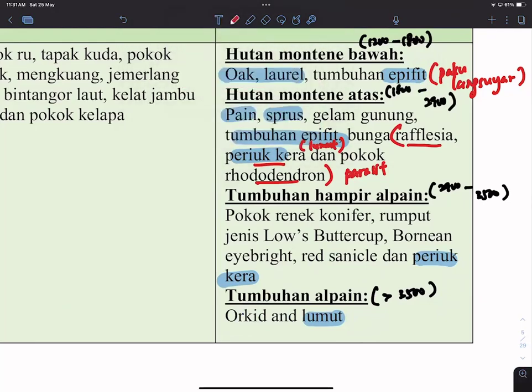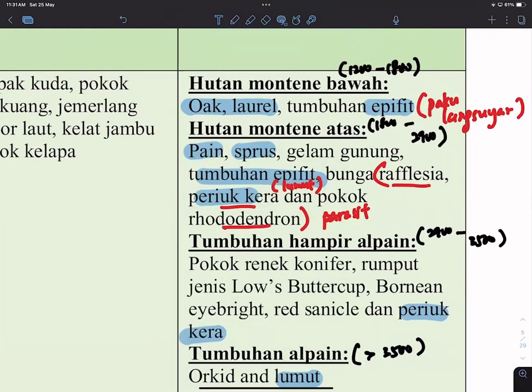We have the paku langsuya. Or you guys can try to rewrite langsuya with the orchid. So the epiphyte here, we have the orchid, liang, and then the paku langsuya. Sorry for the handwriting because it's very limited space.